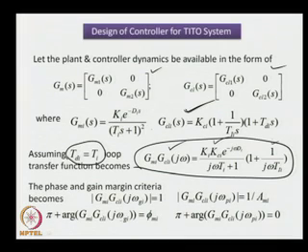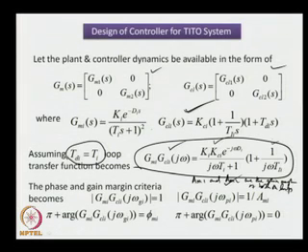The phase crossover point gives us equations like the magnitude of the loop gain at phase crossover frequencies omega pi will be equal to 1 upon AMi, where AM1 and AM2 are the gain margins of both the loops.